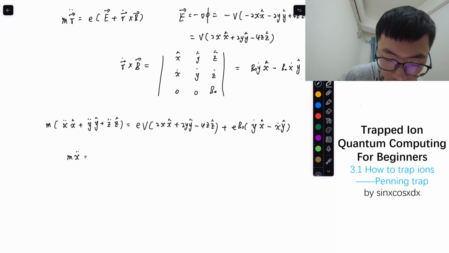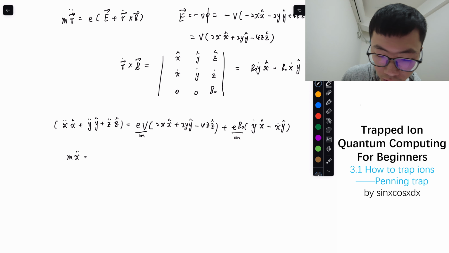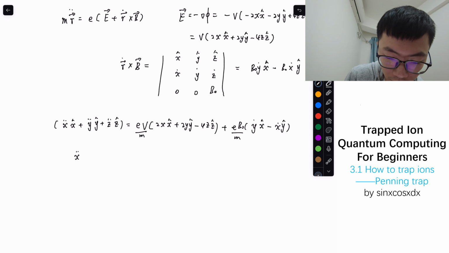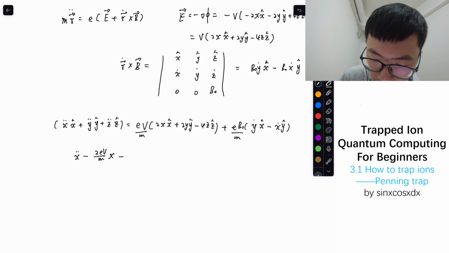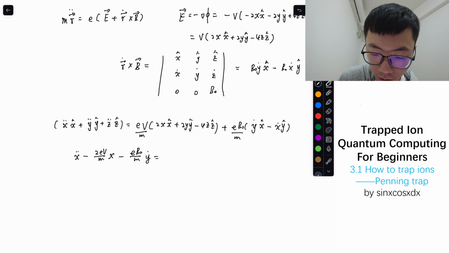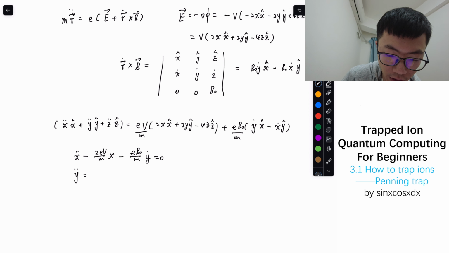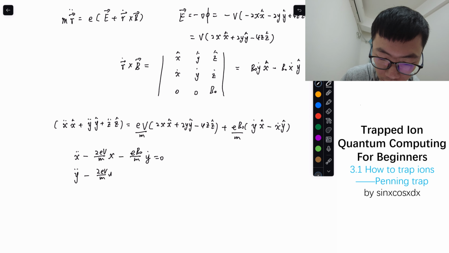In the x direction, we can just divide by m and move everything to the left, so we have this equals 0. In the y direction, similarly, we move it to the left.